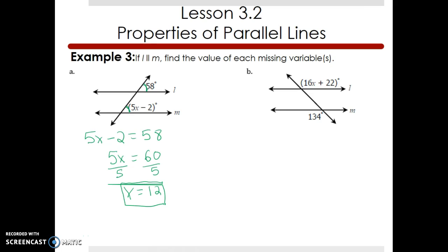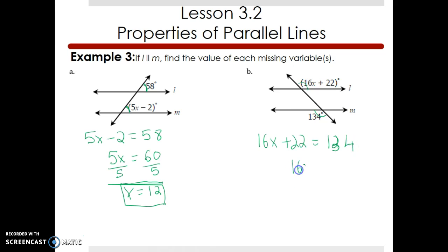Fairly easy. So the next one, look at the relationships between these. They are alternate exterior. Same thing, alternate exterior angles are also congruent. So that means 16x plus 22 equals 134.